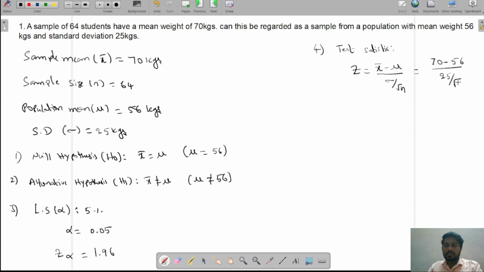N value how much? 64. Then by calculating, what is the solution we are getting here? 4.48. Okay, so this is the value of z. Therefore, what is the value of modulus of z? 4.48.